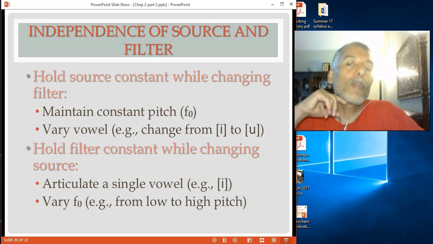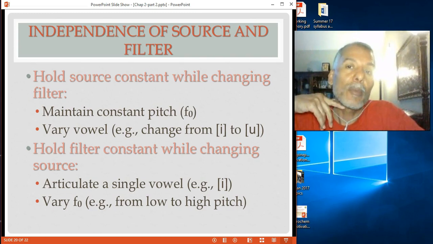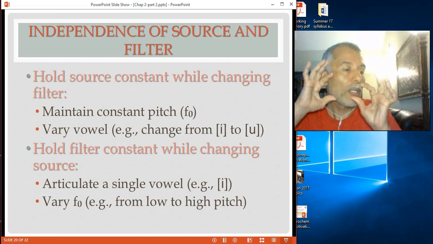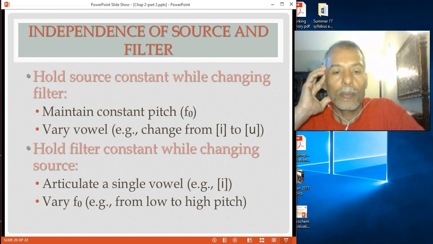So my vocal folds are vibrating exactly at the same rate. They have the same fundamental frequency, but now by modifying the shape of my lips and pushing them forward, I changed the resonance of the vocal tract itself by shifting from one sound to the other.